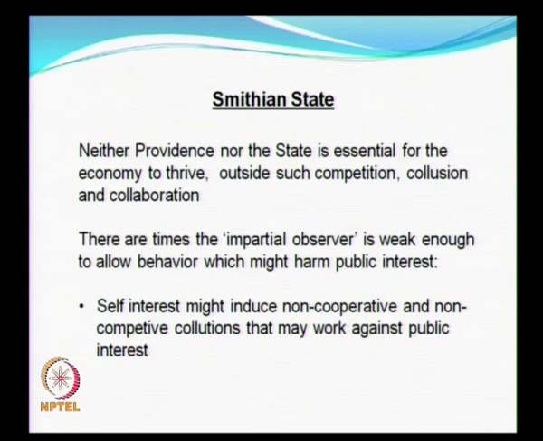So, the state is not an outsider. In all these three, in Rousseau, Locke and Hobbes, there is a clear dichotomy in language. On the one hand, there is the individual with his or her freedoms. On the other hand, there is this thing which takes your freedoms away, called state.